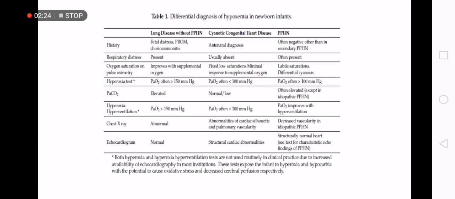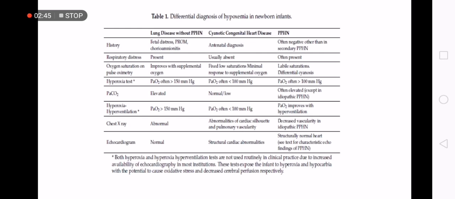How to differentially diagnose the causes of hypoxemia in newborn infants? We have three differential diagnoses: lung disease with or without pulmonary hypertension, cyanotic congenital heart disease, or persistent pulmonary hypertension of the neonate without lung causes.